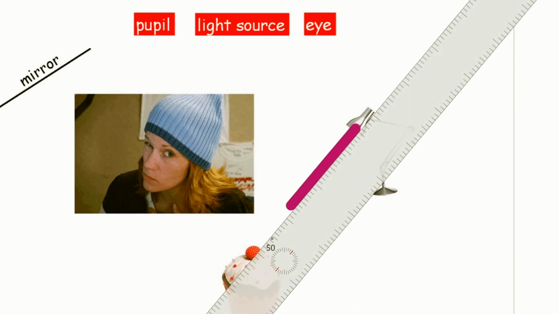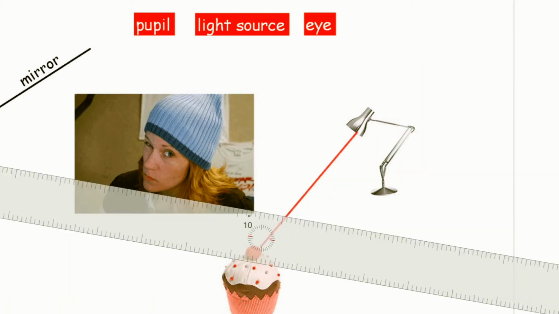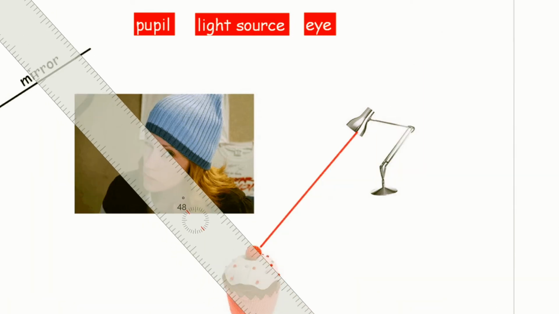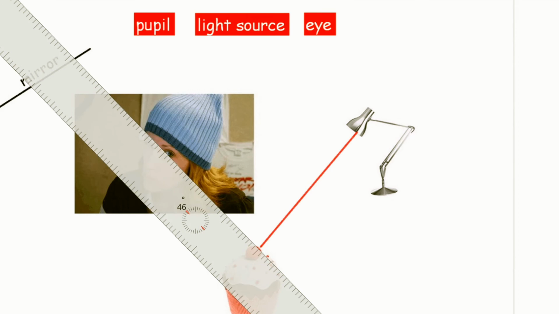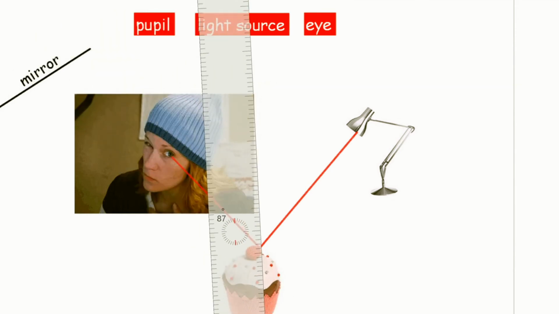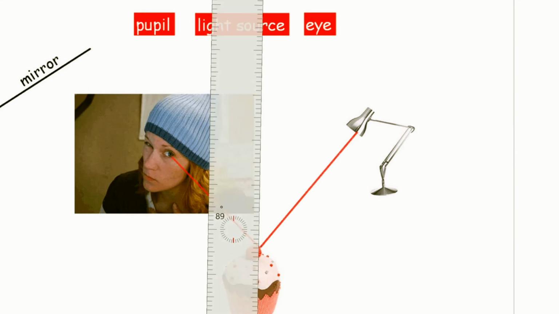Let's use purple. Remember the law of reflection. The angle of reflection equals the angle of incidence. And we use an imaginary line, the normal, to measure those angles.